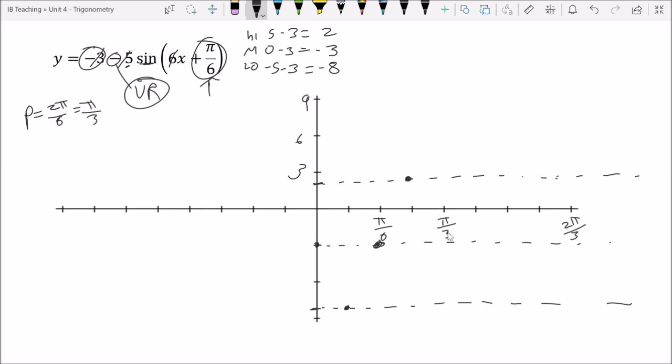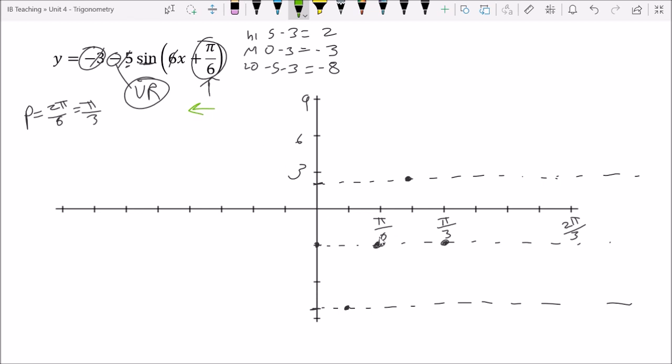You say, but wait, Mr. Boyden, you have not dealt with that pi over 6. True that, y'all. So here's the deal with pi over 6. It's inside, so it's dealing in the x direction, left and right. It's being added, which tells us it's a shift to the left. So here's what I've got to do. I need to take every one of these points and shift them pi over 6 units to the left.